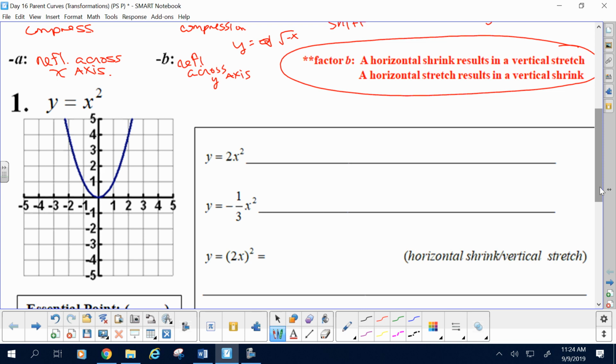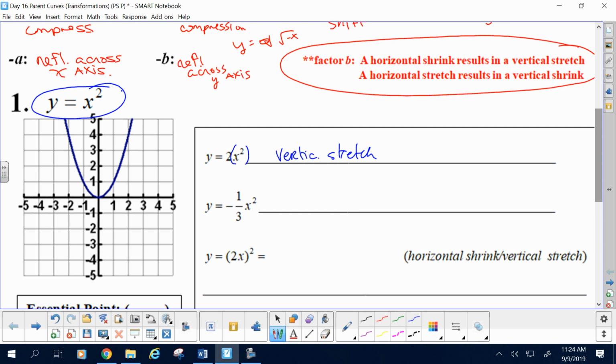The point is this: when you get a base graph of a parabola, what will happen when that change comes? In this case, that 2 feels like it's outside the function. So what does that 2 do? Vertical shift or stretch? Vertical stretch.